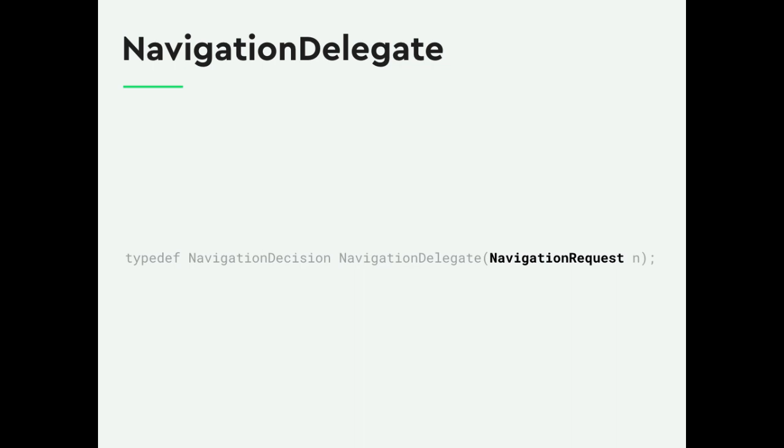You can use this URL to match it against a pattern, for example your own host, to check if it's your own. That's what I'm going to do later. If it's not your host, you can block it. The navigation delegate will return in the end a navigation decision, which only has two possible values: either prevent, to block the navigation, or navigate, to allow it.